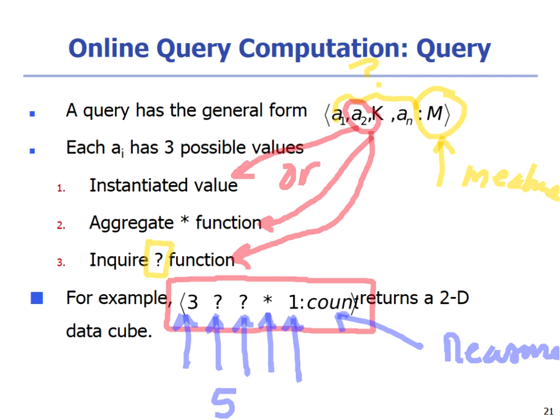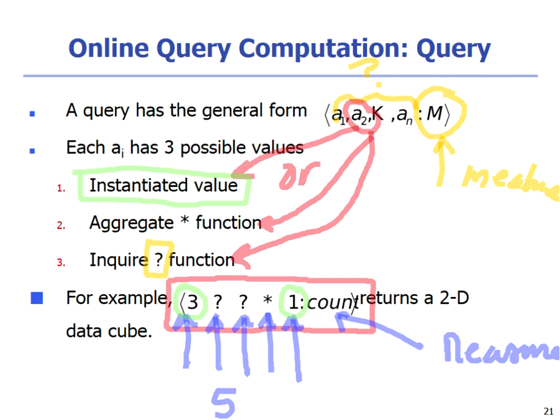Okay, so in this query, the first and the fifth dimension values are instantiated. Let's take, for example, green for instantiated values. In our example, this 3 and 1 represent instantiated values. That means for the first dimension we want A1 equal to 3, and for the fifth dimension we want A5 equal to 1. It's clear in our query.